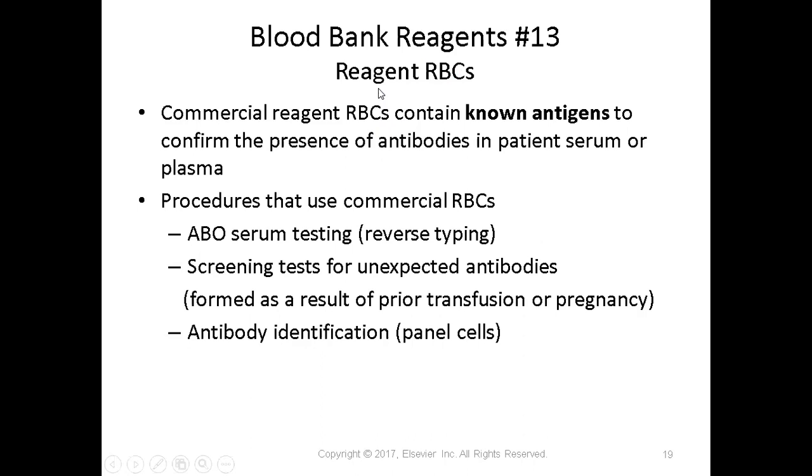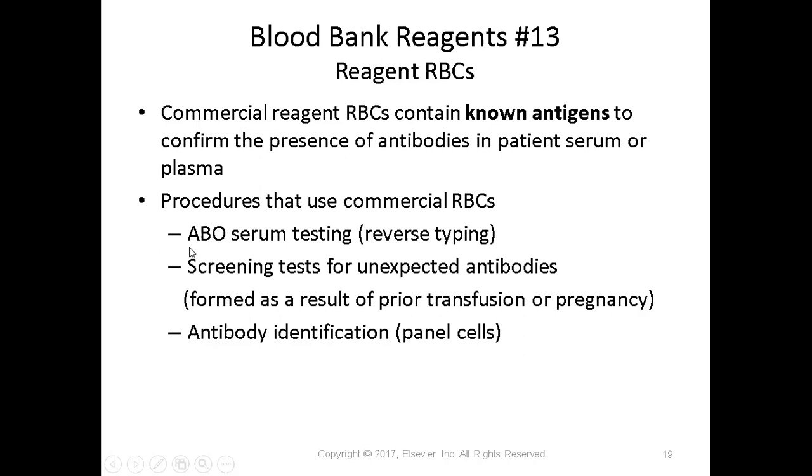So our reagent red blood cells, remember, they have antigens on them that are known, okay? We're going to use these to determine which antibodies the patient may have in their serum or plasma. Okay, so the known here are the antigens, and the unknown is, which antibodies does our patient have? So uses for our commercial red blood cells, ABO reverse typing.